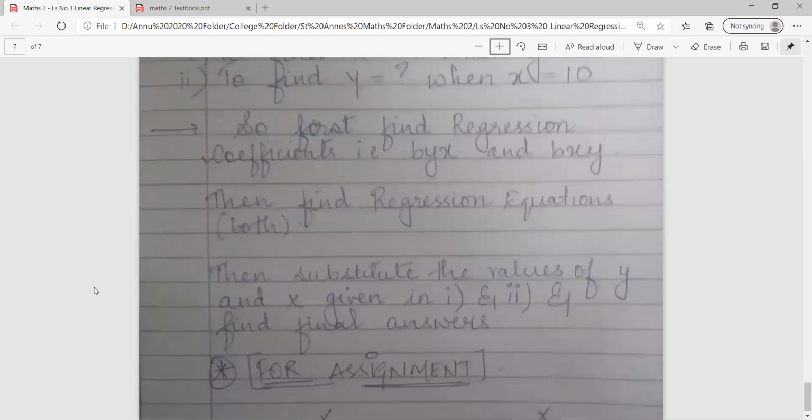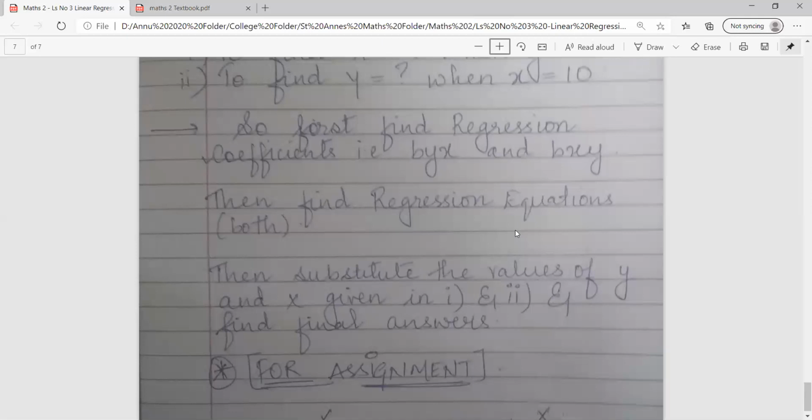So basically, in order to find these, you first need to find the regression coefficients, that is Byx and Bxy. For Byx, what formula will you put, class? Orally tell me. r into sigma y upon sigma x. In case of Bxy, r into sigma x upon sigma y. Once you get both of them, then you can find the regression equation by putting the formula. Tell me, class, what is the formula?